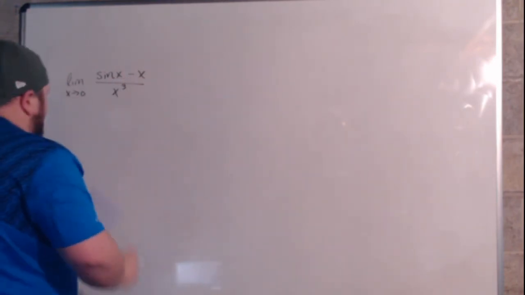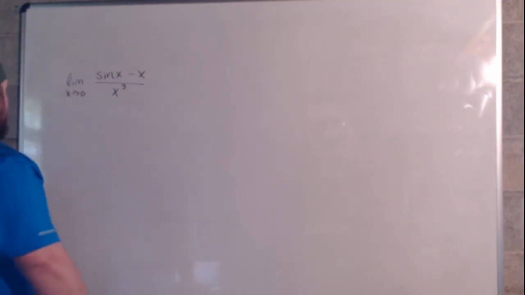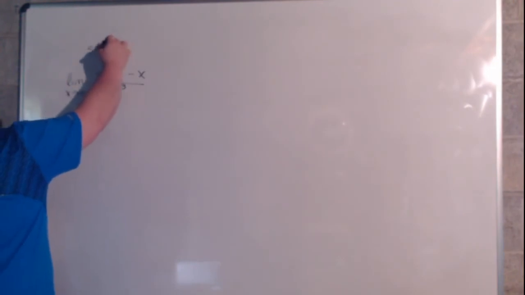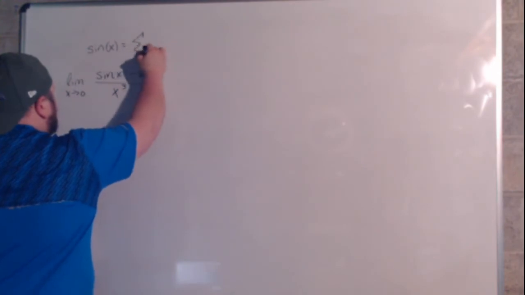So I'm hoping that you guys have looked at or are planning to potentially print out the Power Series paper that I put up for you, the one that says Common Power Series. The reason is it's got sine in there for us, if you haven't already memorized it.